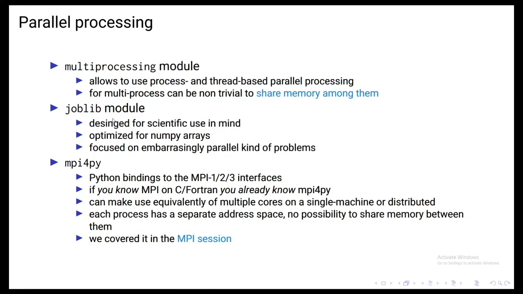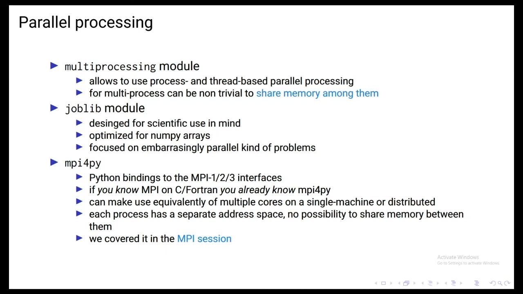And then we have MPI for Py, which is a totally different approach compared to these other approaches. If you followed the MPI session, we covered at the end how from Python we can code in MPI using MPI for Py.